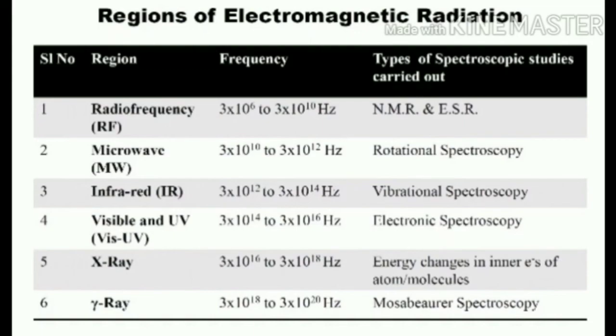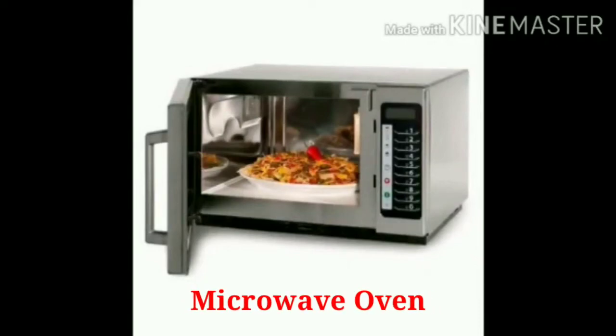So now let me tell you an interesting example of spectroscopy in our modern day-to-day life. Have you heard about the microwave oven? I hope you have. By a microwave oven, we can easily cook food. So what is done in a microwave oven?